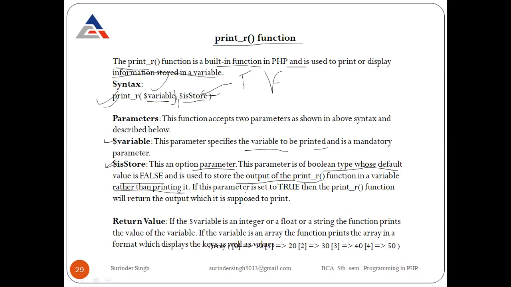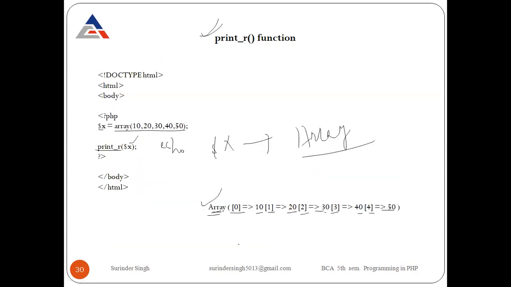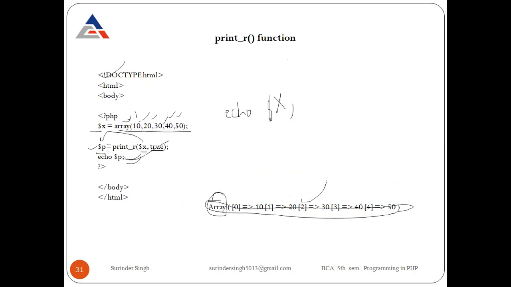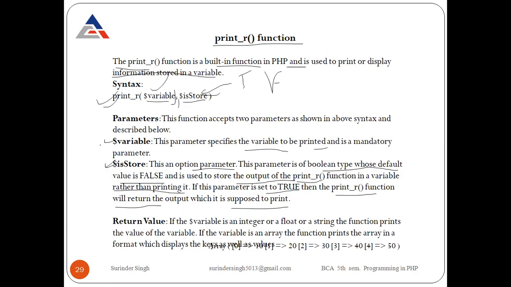If this parameter is set to true, then the print_r function will return the output which it is supposed to print, and store it in the p variable. Clear?